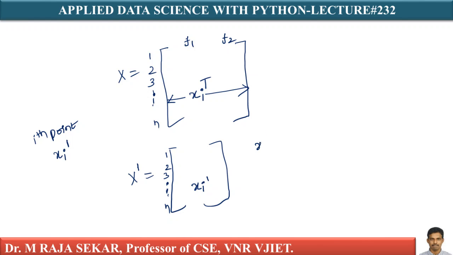My xi dash is nothing but xi transpose into V1. What is this V1? The top eigenvector. I am projecting xi on V1. How can I project? We know how to project.